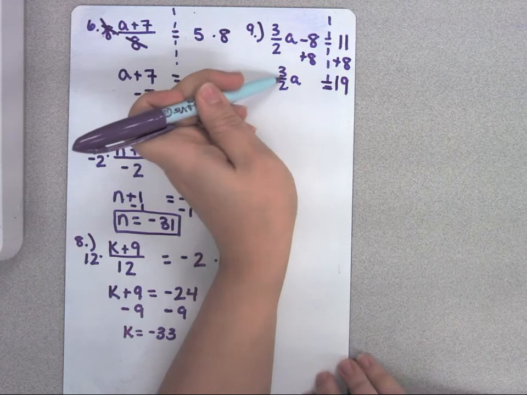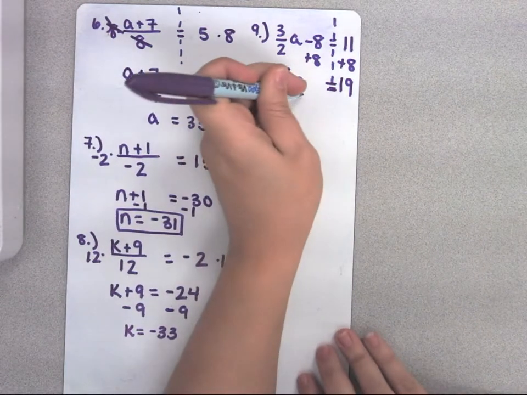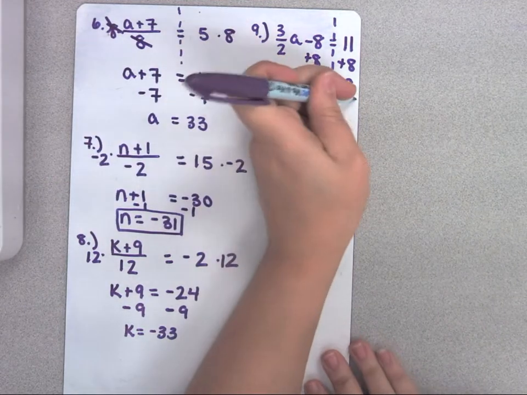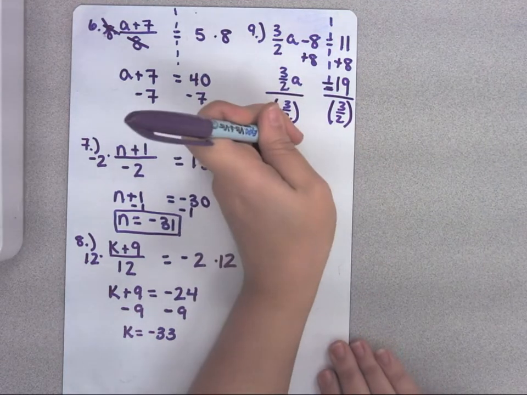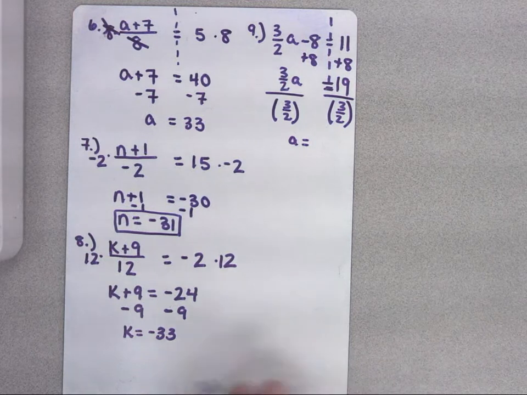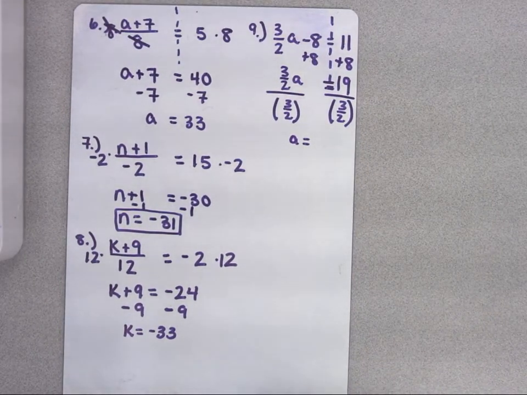Now I have to remember what we talked about. How do you get rid of 3/2 times A? You can divide by 3/2. I would put it in fractions when you divide it in your calculator. When you get your answer, what kind of fraction answer should you have? Remember, no decimals.